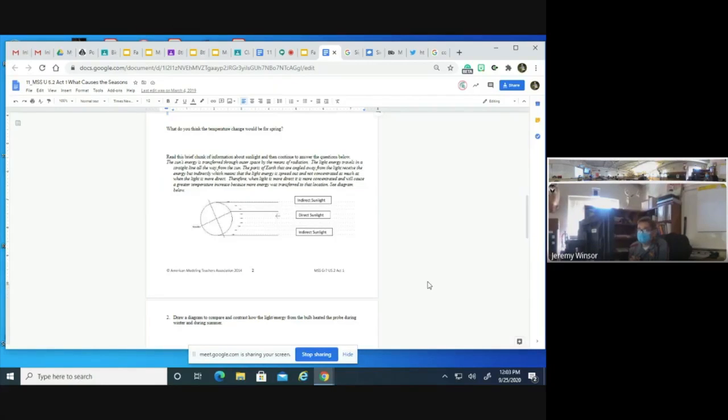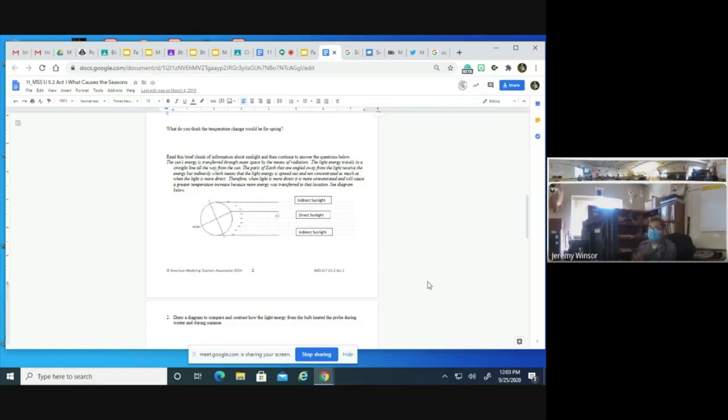The parts of Earth that are angled away from the light receive the energy indirectly, which means the light energy is spread out and not concentrated as much as when the light is more direct. Therefore, when light is more direct, it is more concentrated and will cause a greater temperature increase because more energy was transferred to that location.